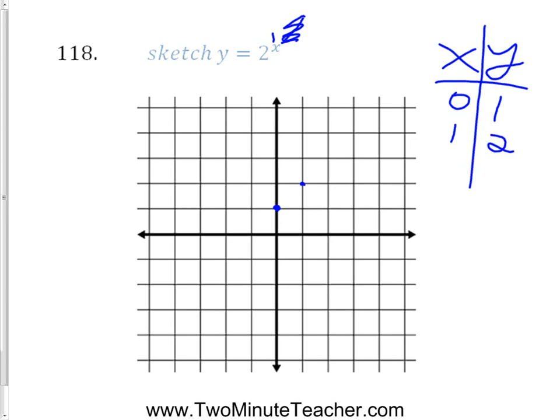So over 1 and up 2. If I put in a 2, I have 2 to the second, which is 4. So over 2 and up 1, 2, 3, 4. And then I go to a 3, 2 to the third would be equal to 8. So that's going to go off my graph again.